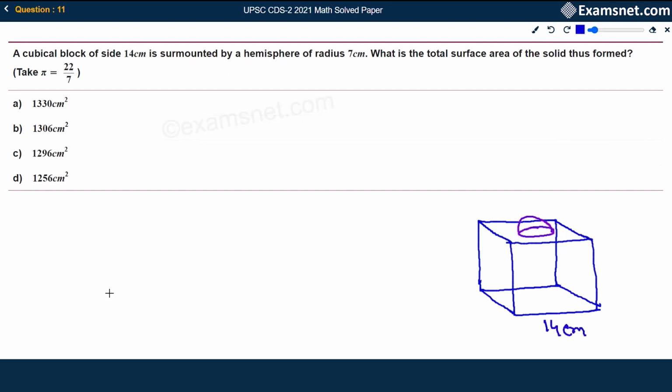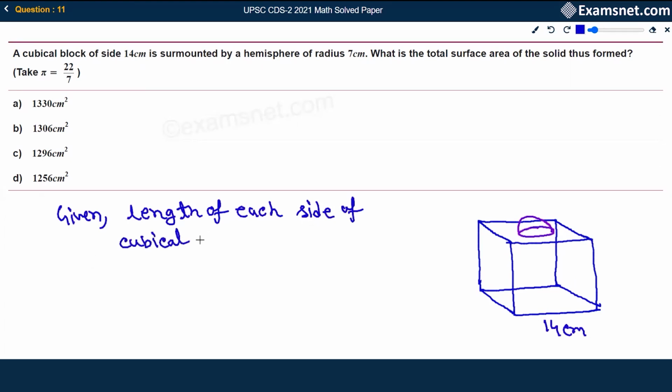Now, it is given that length of each side of cubical block equals 14 centimeter.